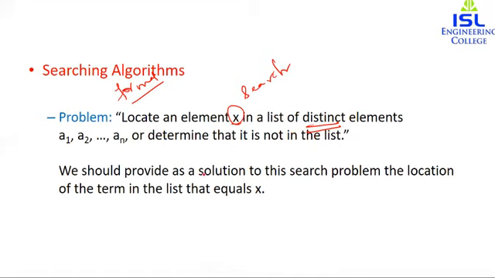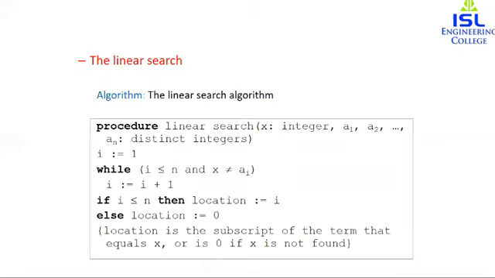We should provide as a solution to this search problem the location of the term in the list that equals X. With respect to searching algorithms, we have two types of search. The first is the linear search or sequential search, and the next is the binary search.